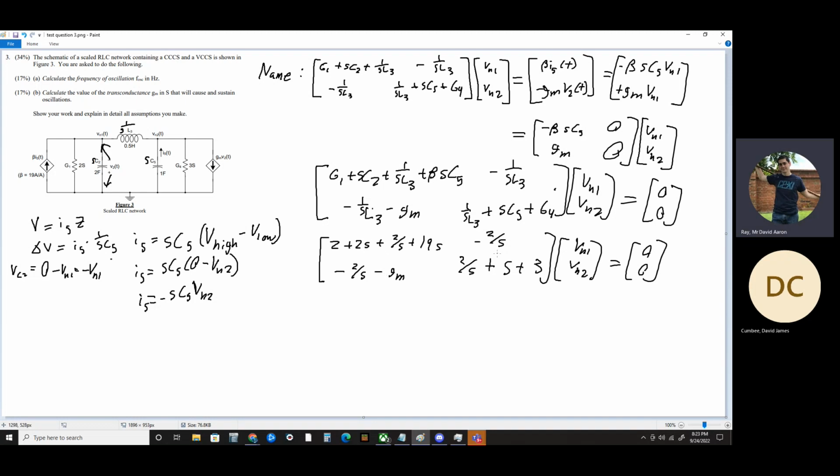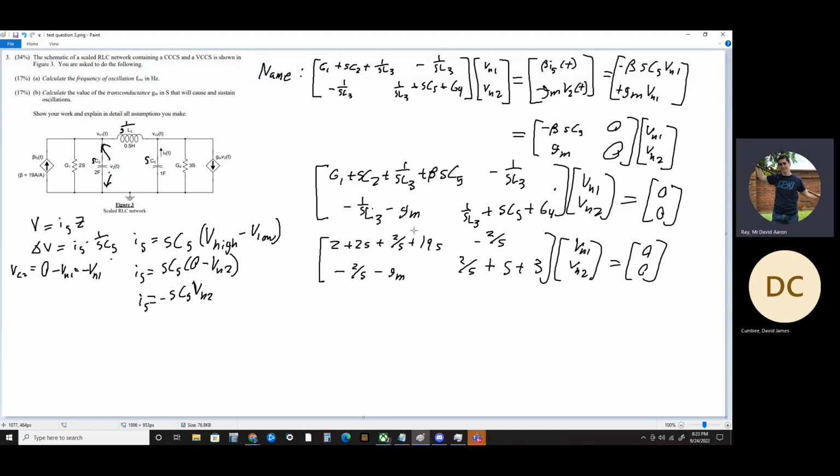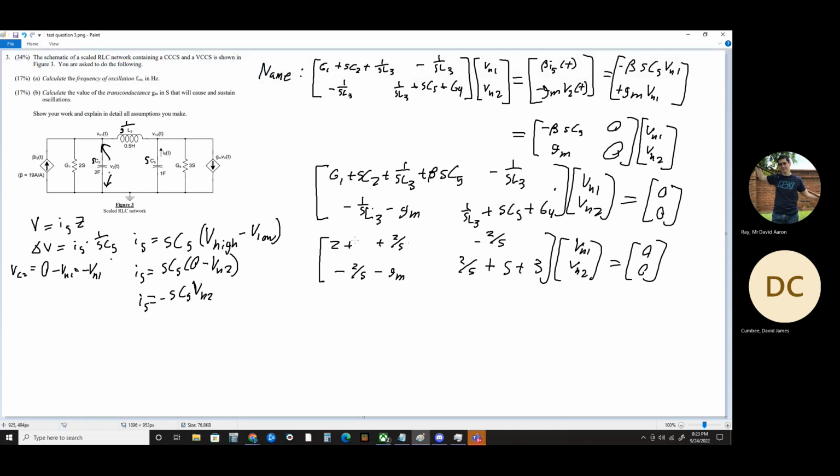I'm actually going to add this stuff together. Actually, just for this, I'm going to delete that. It's going to be 19 plus 2, so that's going to be 21. So I'm just going to write 21S there. There we go.